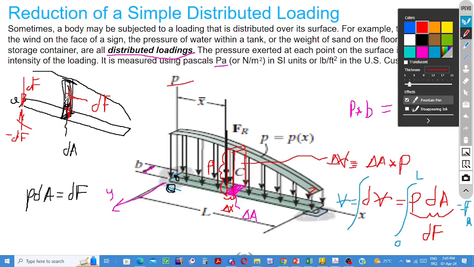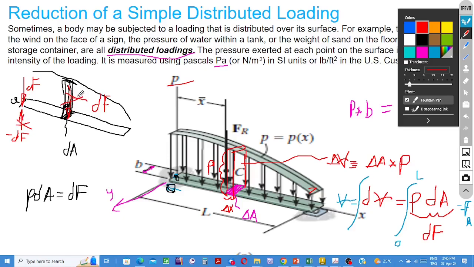So this means, to find the effect of this force at point O, in other words, to find the equivalent for this force at point O, the thing to do is to calculate the moment of this force with respect to the reference point.